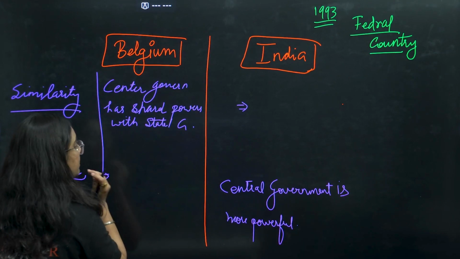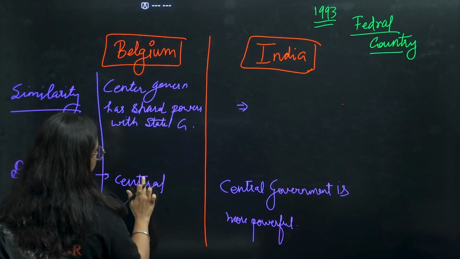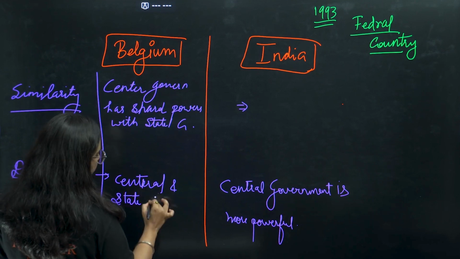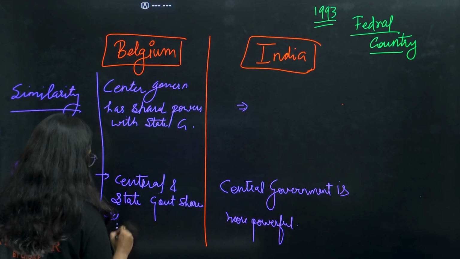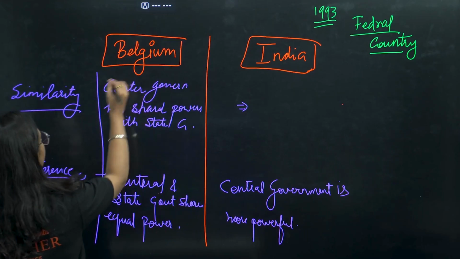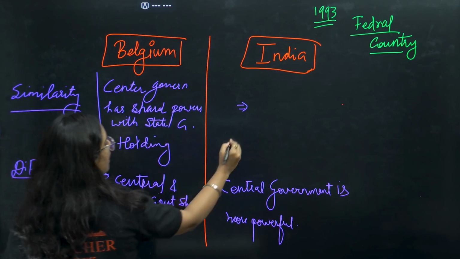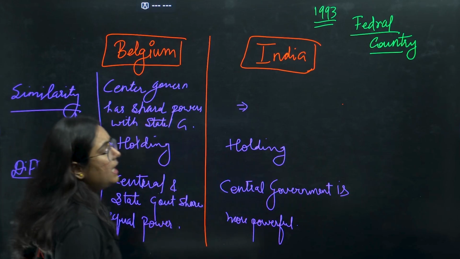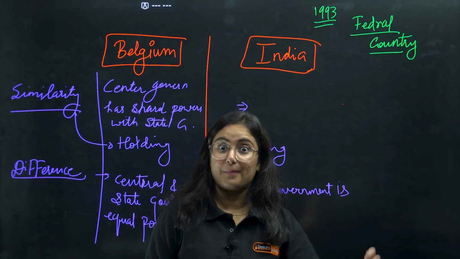The central government and state government share equal powers. Okay. What we can call a similarity is that both are formed as a result of holding together of federation, but the difference is such. So I just hope that everything from this chapter is clear from my side.